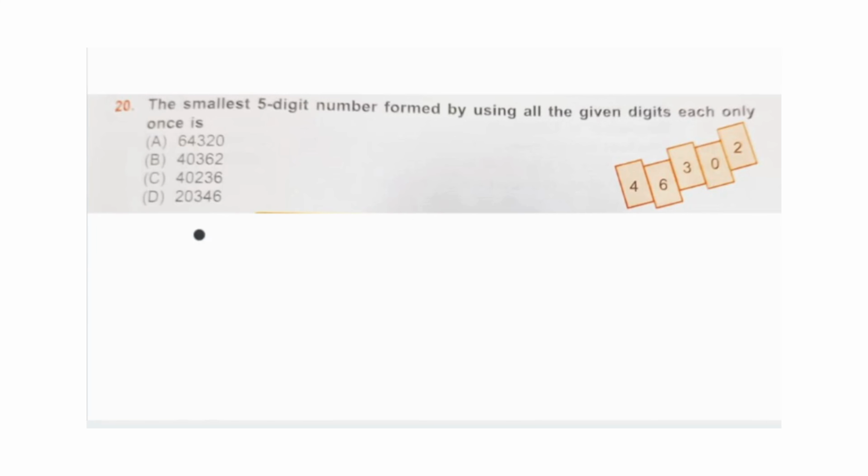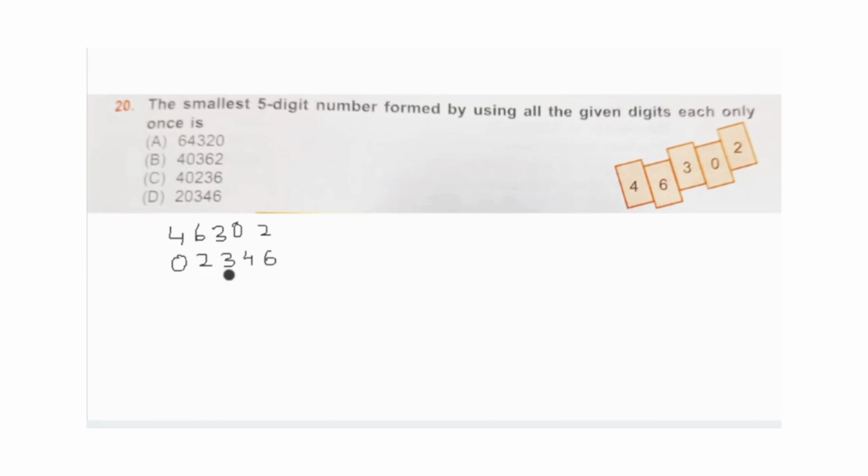Let's write down the given number, 46302. Since they want us to find the smallest number, let's write all these digits in ascending order: first the smallest, 0, then 2, then 3, then 4, and finally 6.